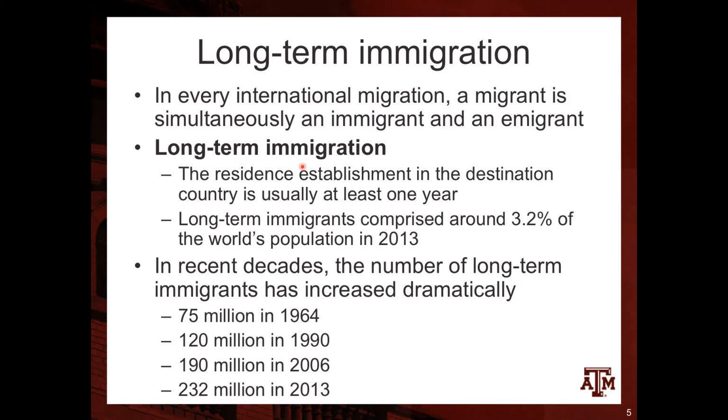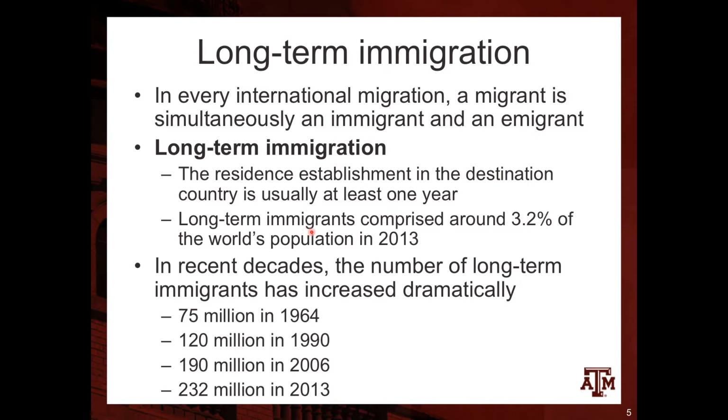In long-term immigration, the residence establishment in the destination country is usually at least 1 year. So usually we use this term that someone is a long-term immigrant if that person lives in the country of destination for at least 1 year.